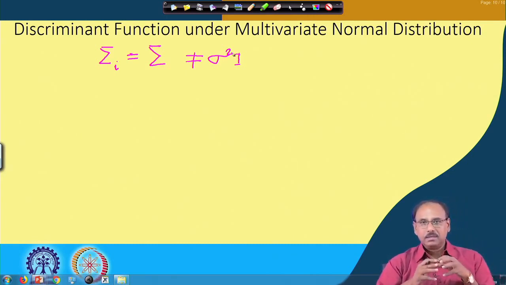It means that the covariance matrix of the samples belonging to all the classes are same, but the components of the vectors may not be statistically independent, or in other words, the off diagonal elements of this covariance matrix may not be 0. Whereas, in our earlier simplified case, we had assumed that the off diagonal elements were 0.